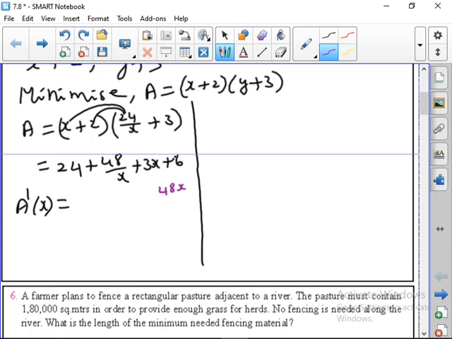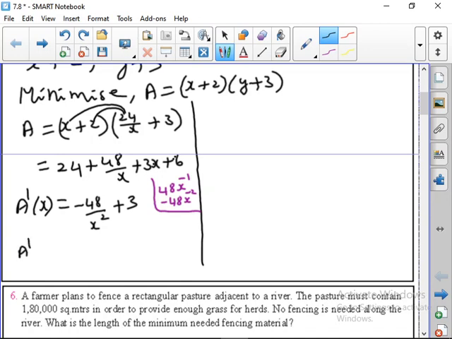So the differentiation is minus 1 into 48 x power minus 2. So we can write this as minus 48 by x square plus 3, because 6 is also a constant.